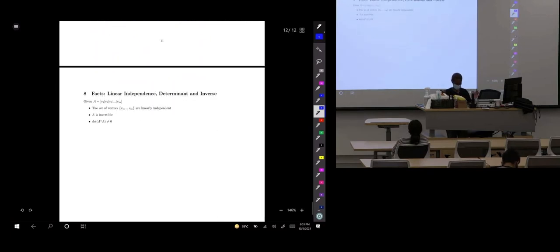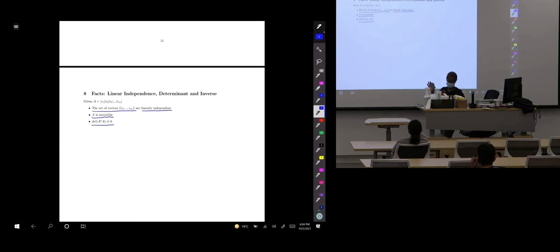Cool. The very last thing that I wanted to talk about is a couple of facts that combine what we've learned about linear independence, the determinant, and the inverse. So given a matrix A, which is comprised of the vectors V1, V2, V3, up until Vm, the vectors are linearly independent if and only if A is invertible, and that happens if and only if the determinant of A transpose times A is not equal to 0.